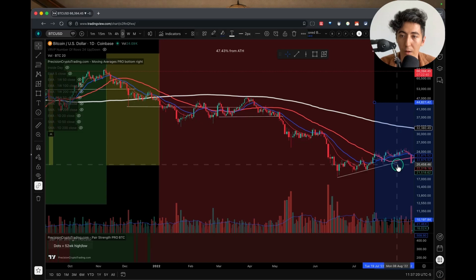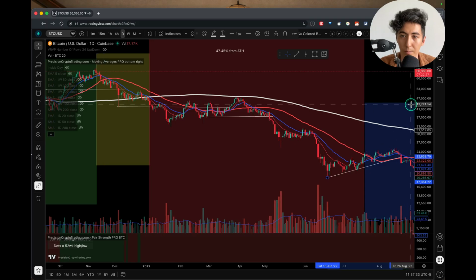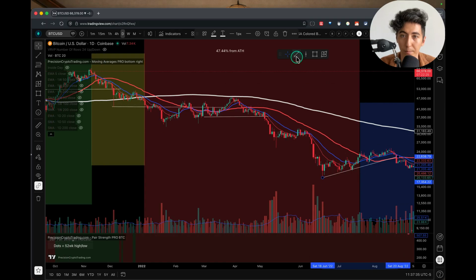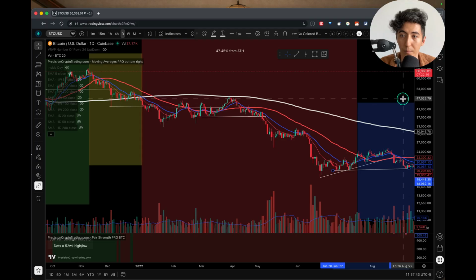Uh-oh. That's not good. We're breaking below. Is it going to continue? Found some support, maybe, on our horizontal.